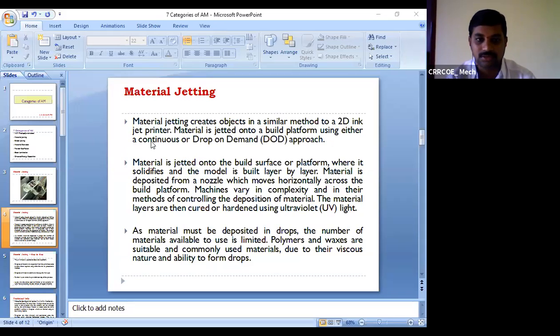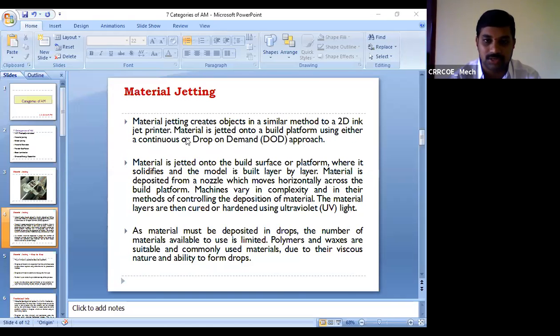So, using either continuous or drop on demand approaches. So we have two approaches: one is the continuous approach, and the other is the drop on demand approach, DOD in short form. Continuous approach means the material is flown continuously from a nozzle, as we saw in fused deposition modeling.